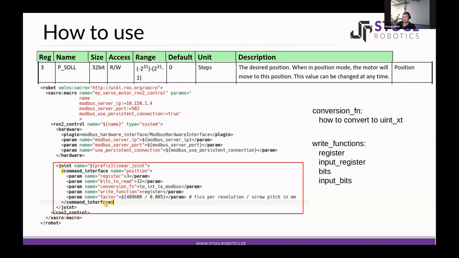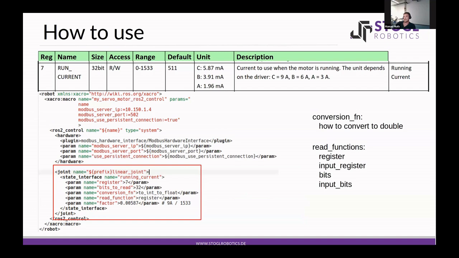And then we apply some factor to convert between meters we use in ROS2 control to command the servos to the encoder values actually used in the encoder. And if you now want to have some read-only access to the hardware, for example, we want to read the run current of the motor, we could do the same by adding a state interface.